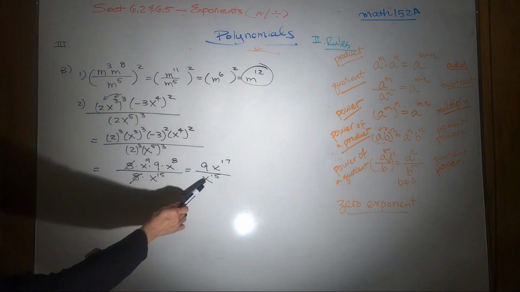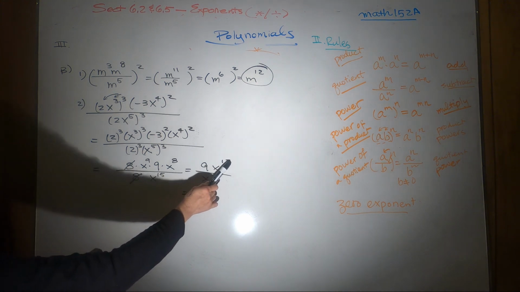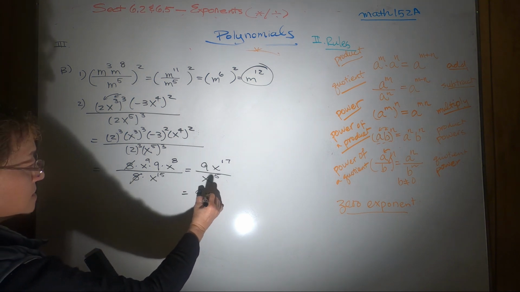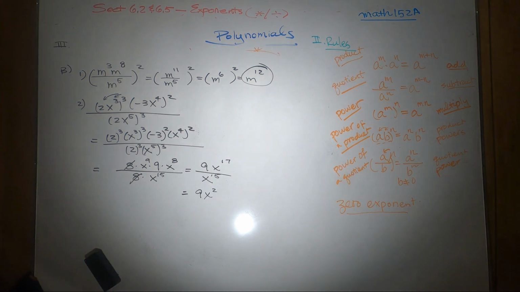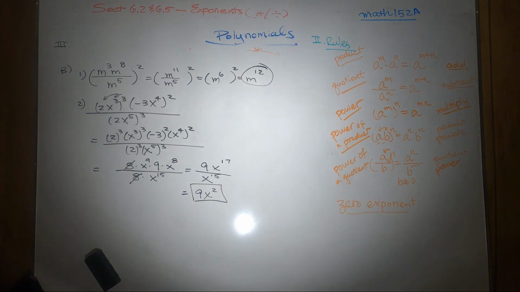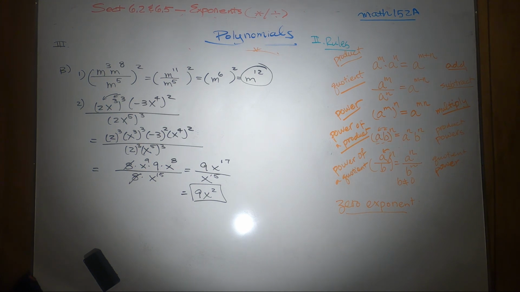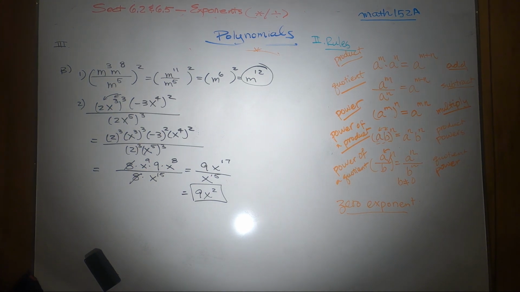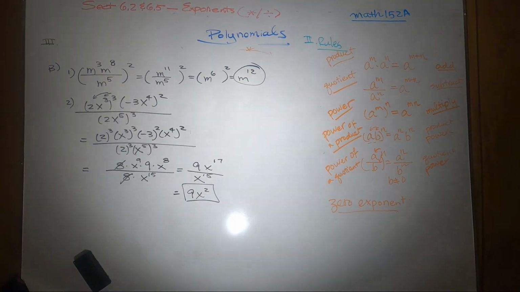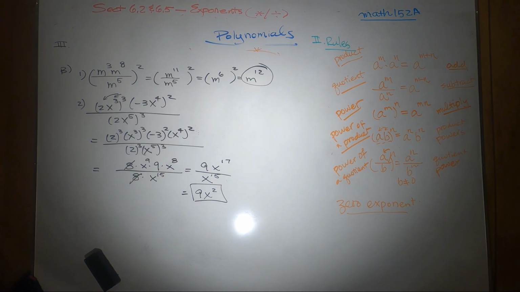Then with the quotient property, you subtract your powers. So that would be 9x to the what? Square. Right? You need to practice before it sinks in. All right, otherwise you will mess up the power property and product property. Okay? So what are we talking about?